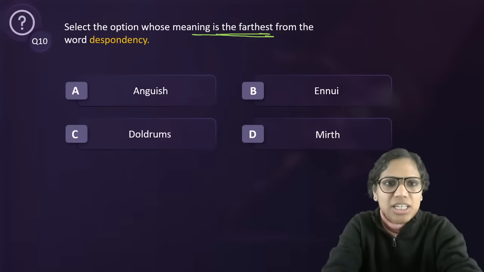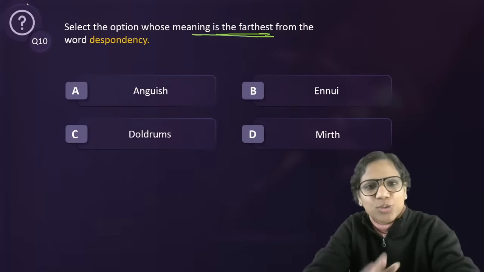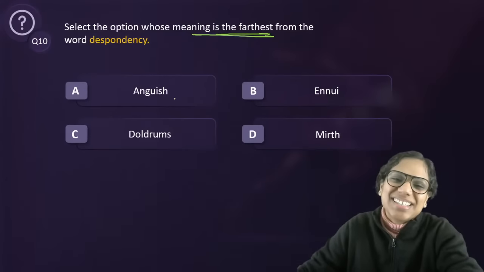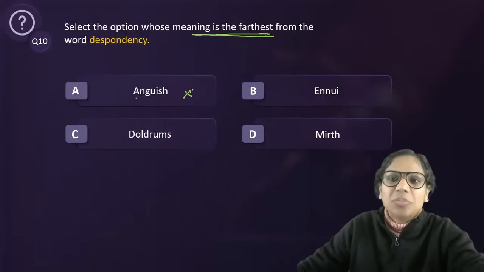Okay, Gaurav says D. Others, do we agree? Anguish, despondency, बड़े ही sad words लग रहे हैं दोनों ही. So despondency, anguish, both are related, both appear similar, they cannot be the answer.